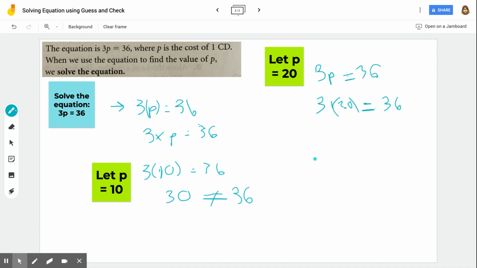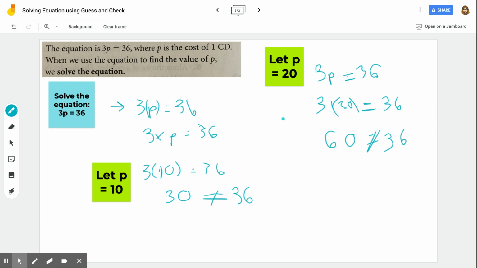So I know that 3 times 20 is going to give me 60, which is definitely not 36. So that is not going to work. I definitely know that 60 does not equal 36.